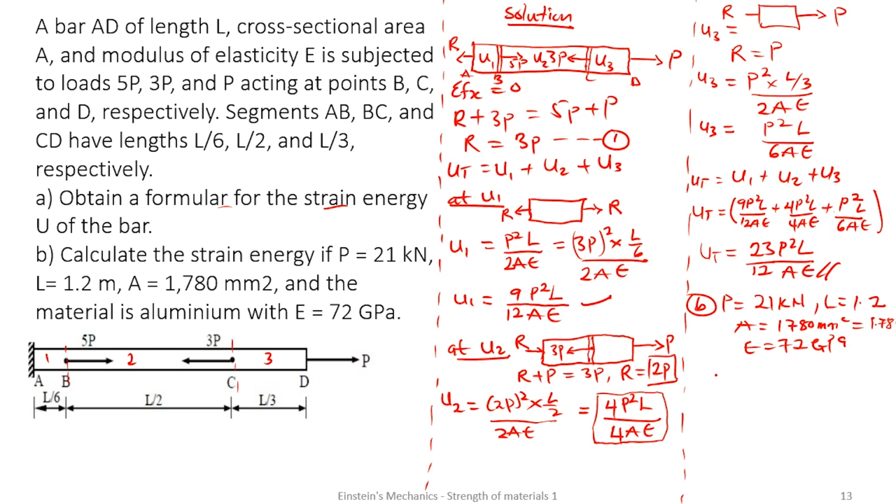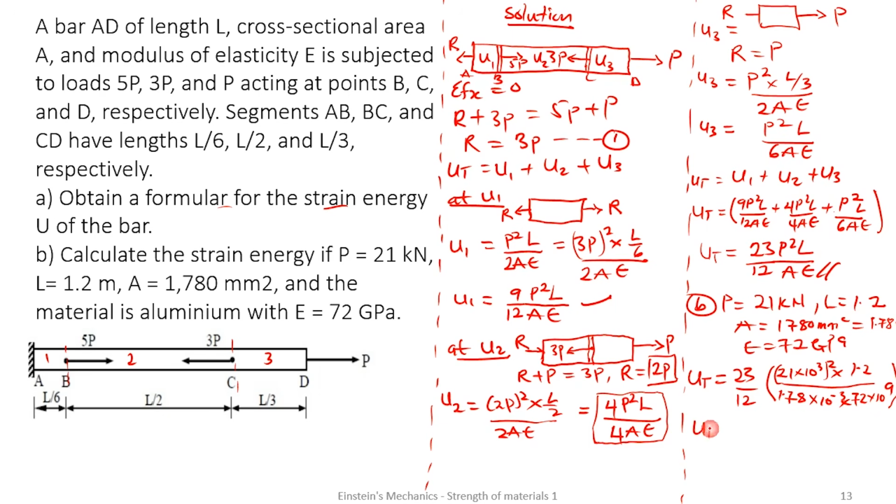So my U total, my strain energy U here, I'm going to obey this formula: 23 on 12 multiplying P squared, 21 kilonewton squared, times L, and the L given is 1.2, over A, 1.78 times 10 to the negative 3, times my E, 72 times 10 raised to the power 9.